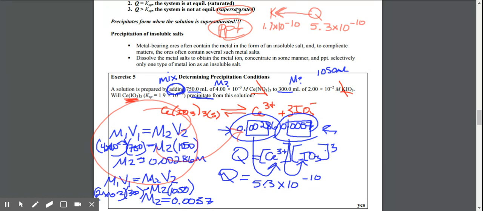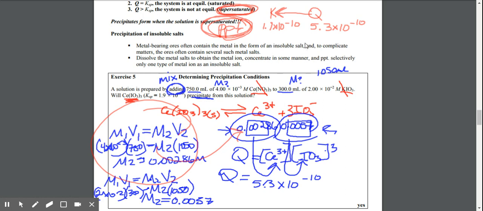So I have to find new molarities before I plug them in as my initial values. And secondly, once I find that Q is greater than K or Q is less than K, it has a specific term that I give it, and it's answering whether or not a precipitate will form.